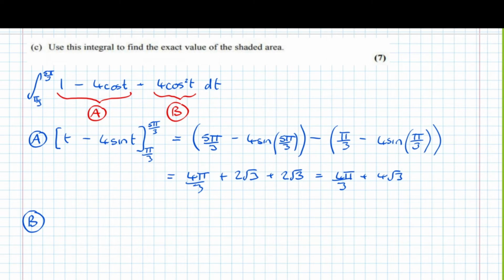Any ideas how we integrate cos squared of t? Any ideas?